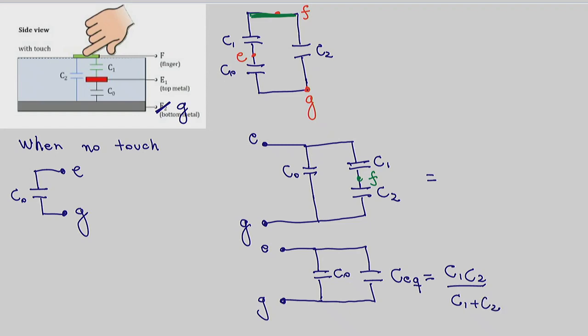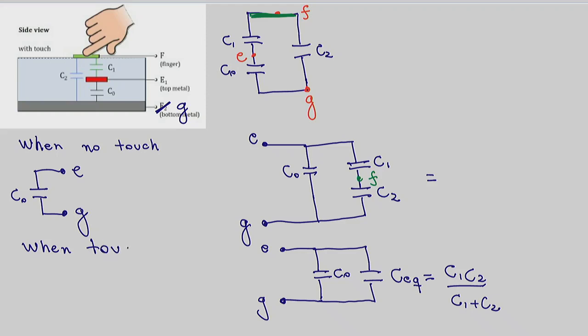So if we had to come up with an equivalent circuit for when there is touch, I will take questions. I see many questions. I just want to finish so I can take all questions.